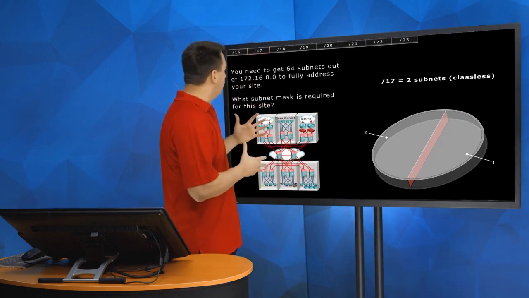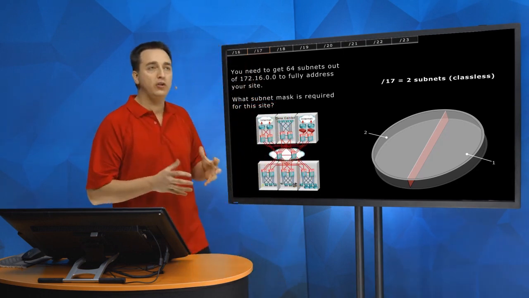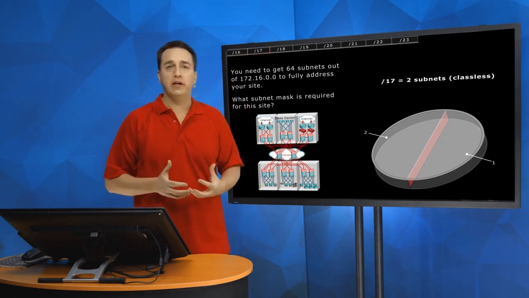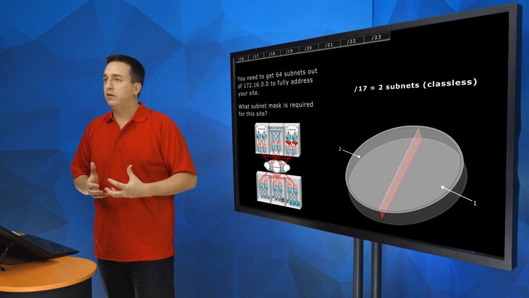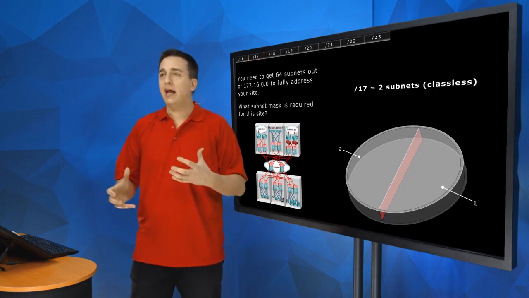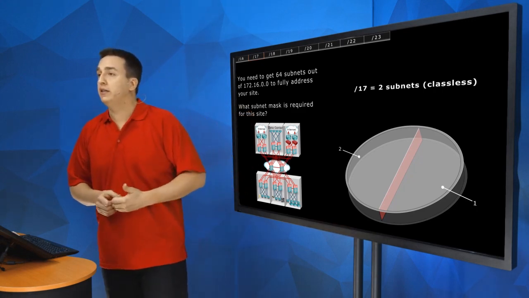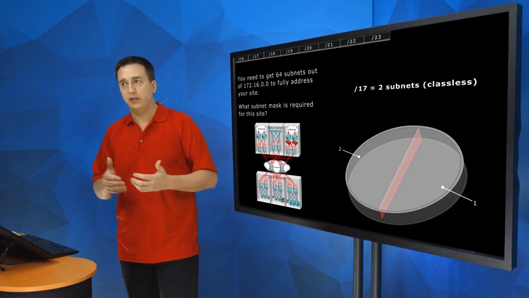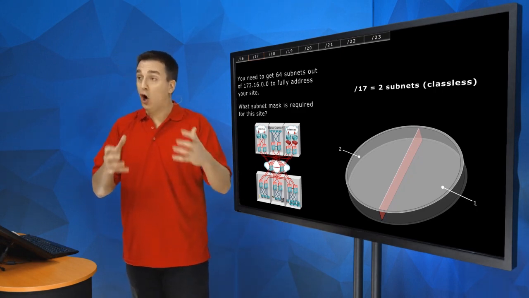So are we still a Class B address here? Well, 172 is a Class B IP address. If you recall, Class A, the first octet is from 1 to 126. We can't use 0, can't use 127 for our host addresses.